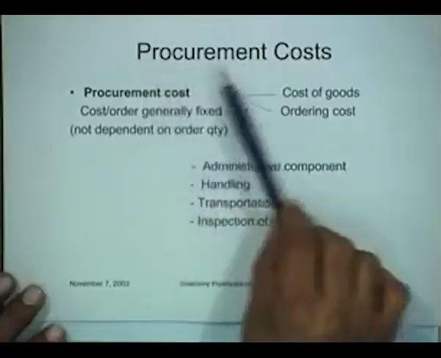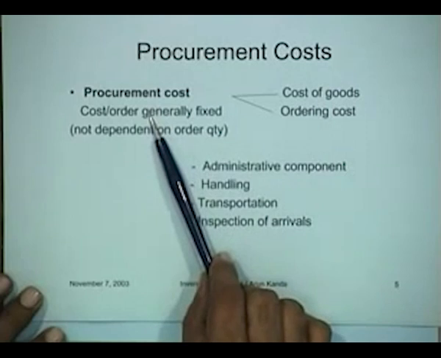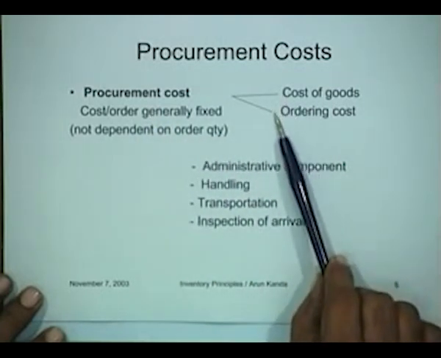However, in order to estimate these costs in real life, what you need is a thorough understanding of which type of cost will go into what particular component in the inventory. So let's look at that. For instance, when you look at the costs of procurement, the procurement cost generally is composed of these two components.